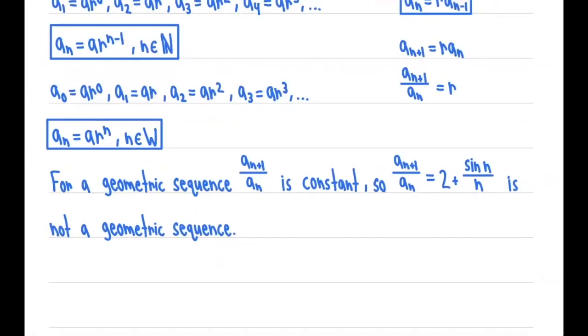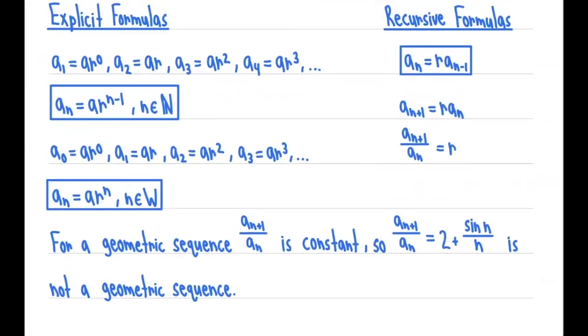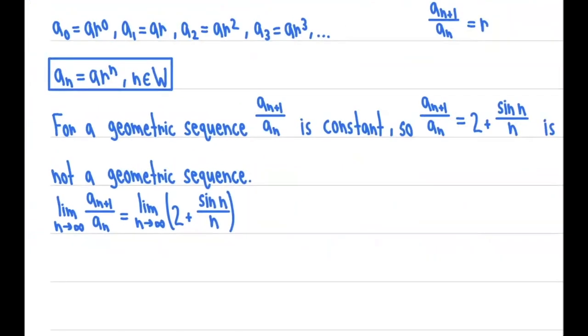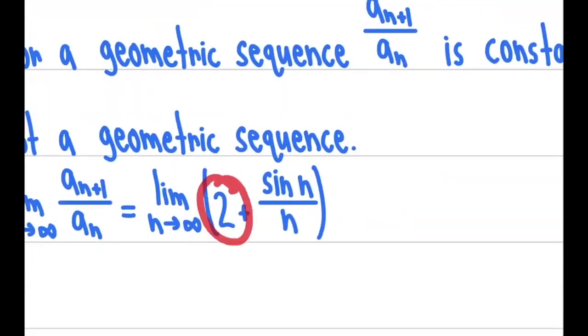There is something interesting about this sequence, though. What happens when I take the limit of a sub n plus 1 divided by a sub n as n approaches infinity? When n approaches infinity, what does this approach? Like this 2 is not going to change as n approaches infinity. It's a constant. But what's the limit of sine of n over n as n approaches infinity?